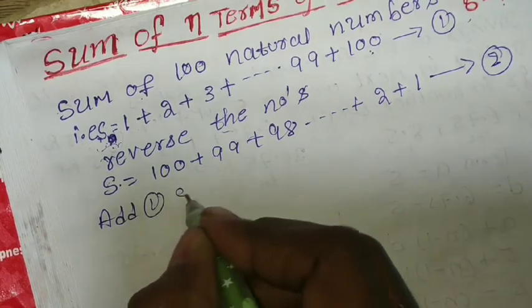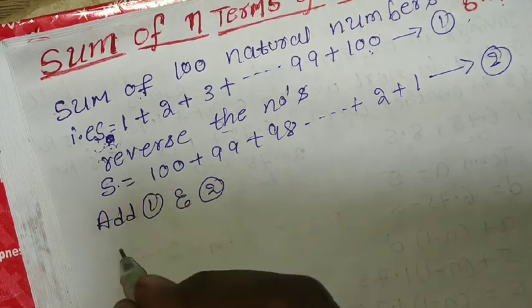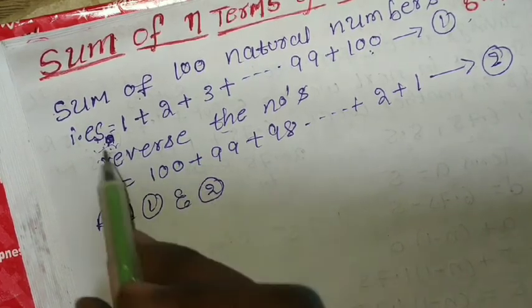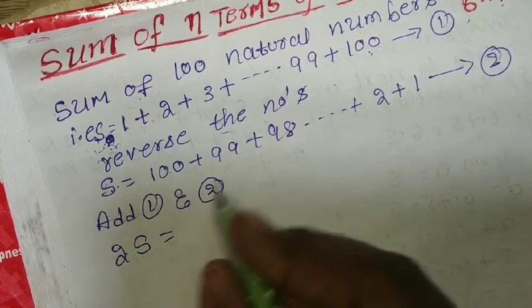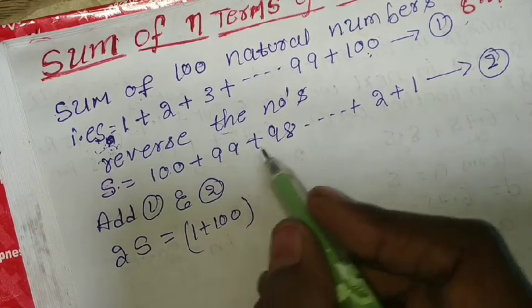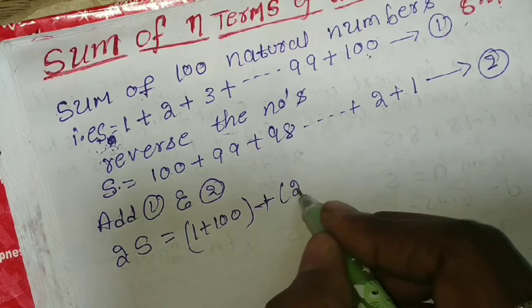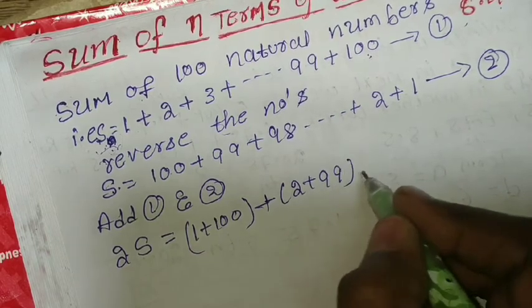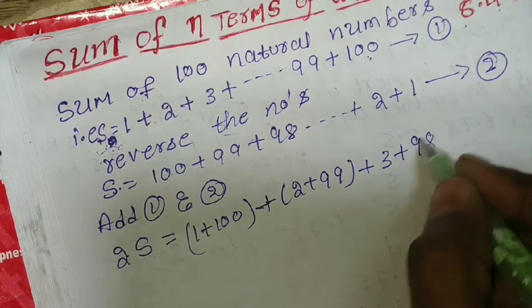Add 1 and 2. What will we get? 2S we get, S plus S. 2S is equal to 1 plus 100, plus 2 plus 99, plus 3 plus 98.